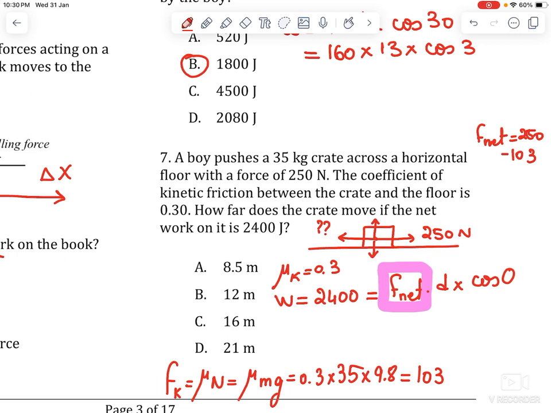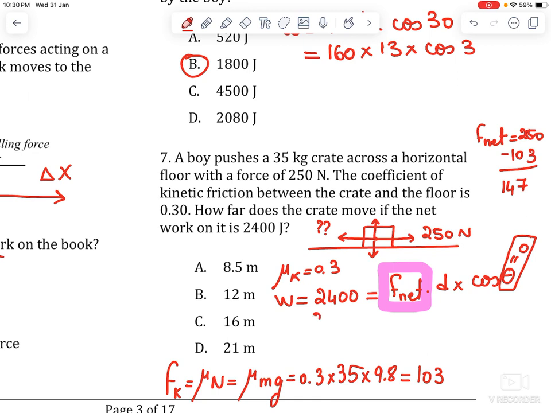So I'm going to have F net equals 147, in the direction of the largest force. Here theta equals 0, because the 147 is also to the right.